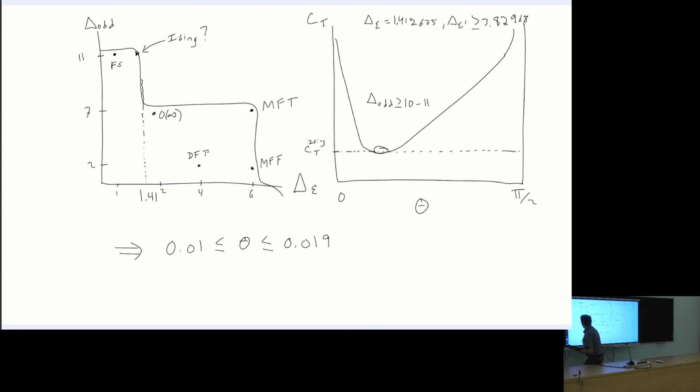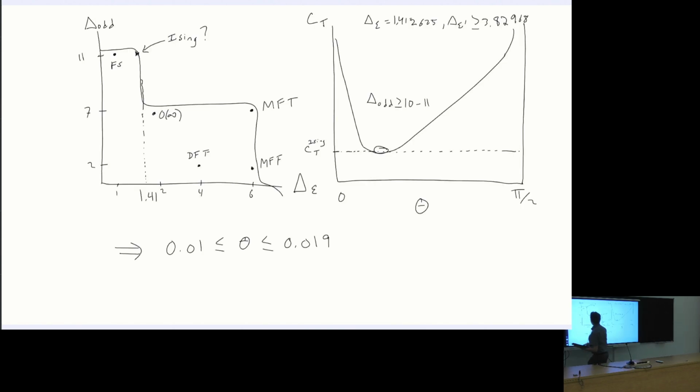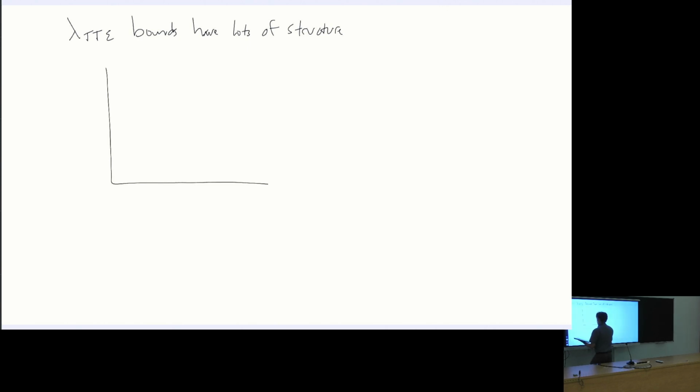Okay, now more recently, we've realized that there's actually a lot more structure in this space. So for example, if you bound the TT epsilon OPE coefficient, and just look at what that bound does as you move around in this delta epsilon, delta odd space, it looked like this.